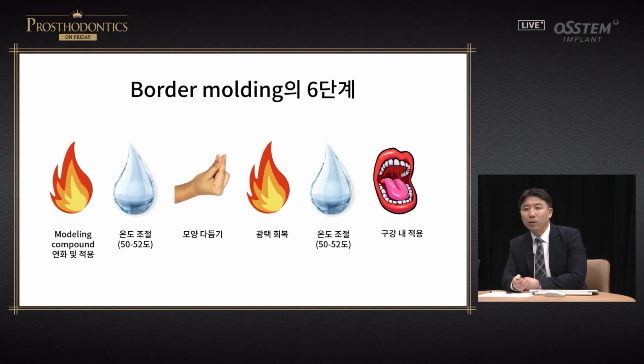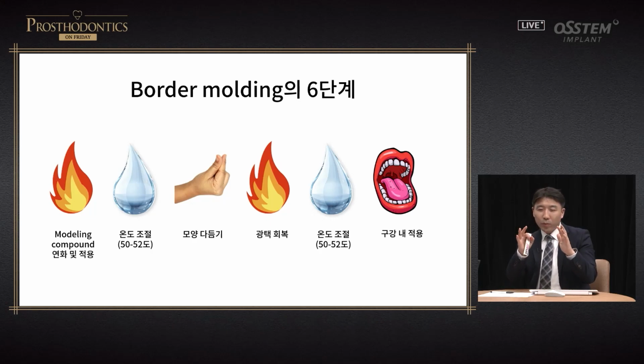This is something I've made just for fun. Restoring gloss is quite important in my opinion. I am emphasizing it. Modeling compound is done. After adjusting temperature, you need to adjust it using your fingers. The modeling compound's gloss gets all gone because we press it with our fingers.